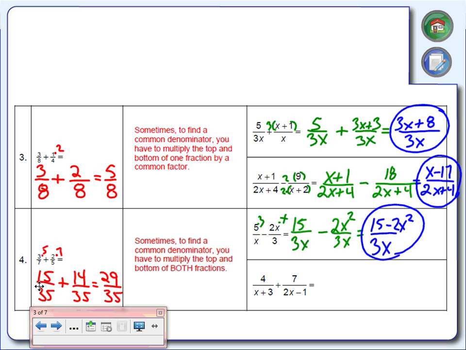We had a 7 and a 5 for the denominator. How did we get the common denominator? What do we do with those two numbers? We multiply. Look over here. We took the x and the 3. What do we do with those two numbers? We multiply. This is how we came up with our denominator. Well, we're going to do the same thing over here. We're going to multiply the two denominators to get that common denominator.